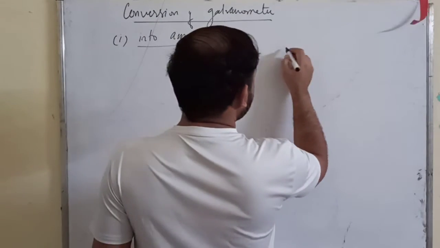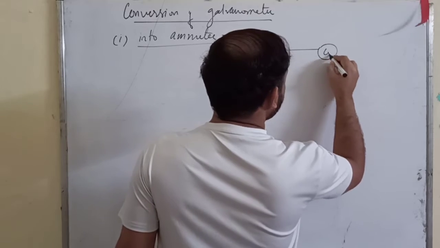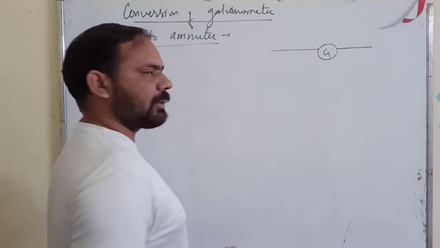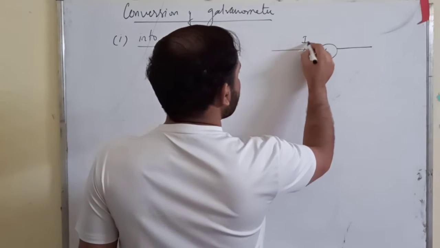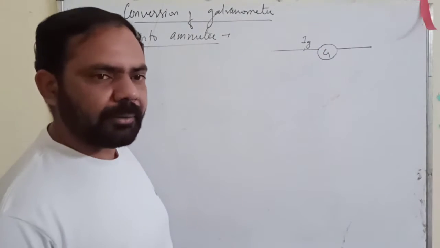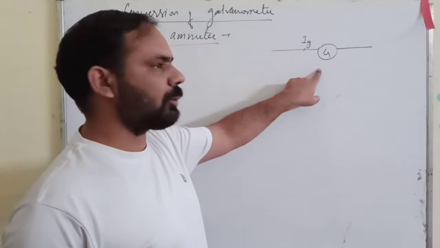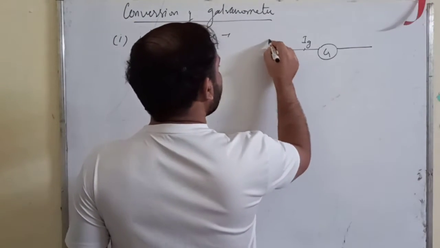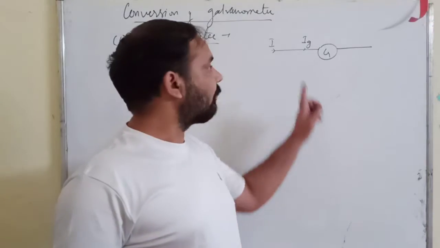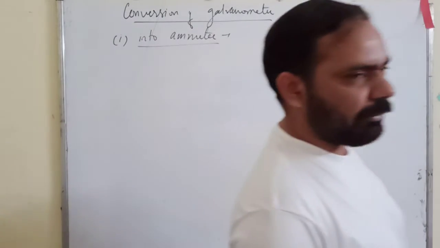The process is, suppose we have a galvanometer, like this. Now let us suppose that Ig is the maximum current that can pass through the galvanometer safely, and let us suppose that current I is coming and we can only pass Ig through the galvanometer.